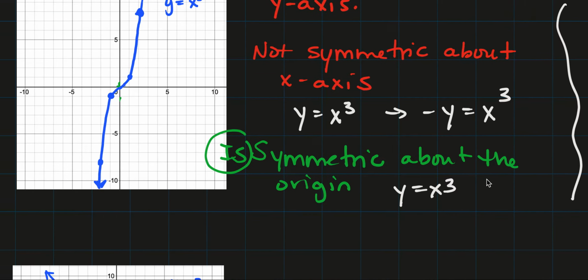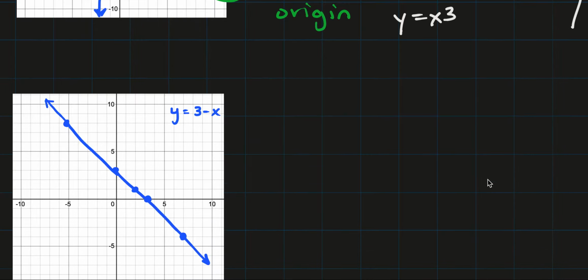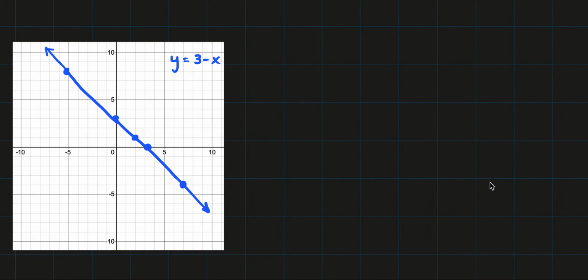All right, let's look at another example. How about this one? Now this was a problem we did as well. This is y is equal to 3 minus x. Now visually, we're going to test if it's symmetric about those three different types of symmetry: the origin, x-axis, and y-axis, and then we'll also test it just by plugging in negative x and negative y.